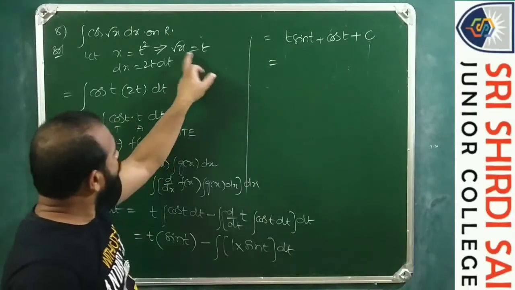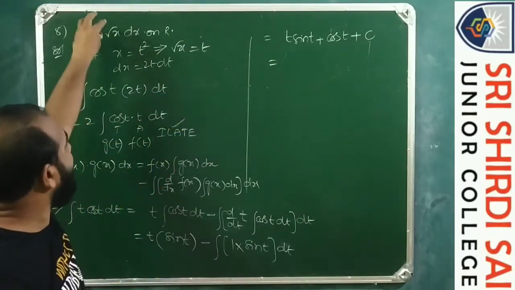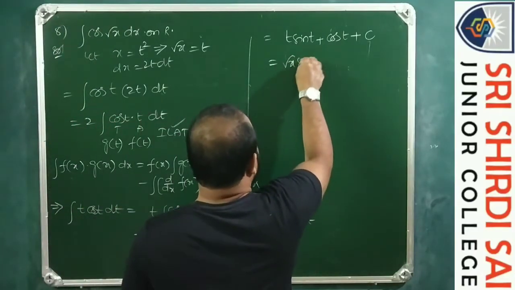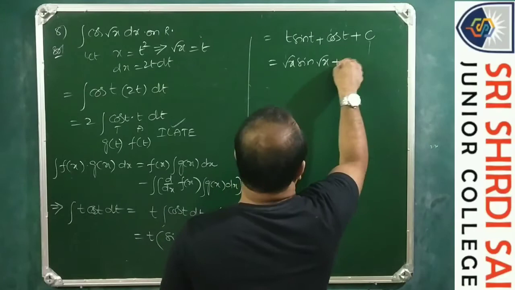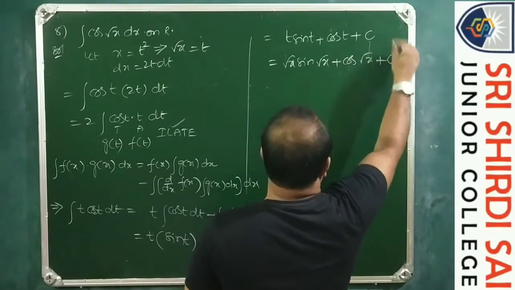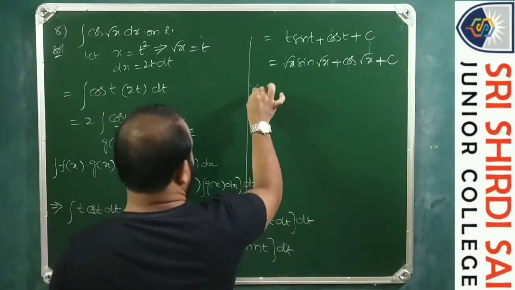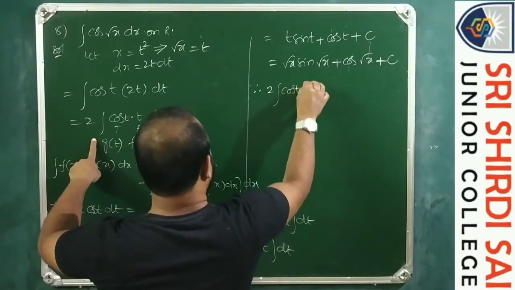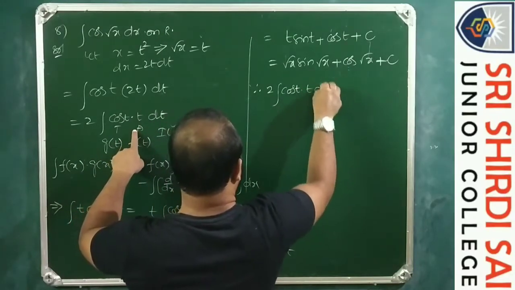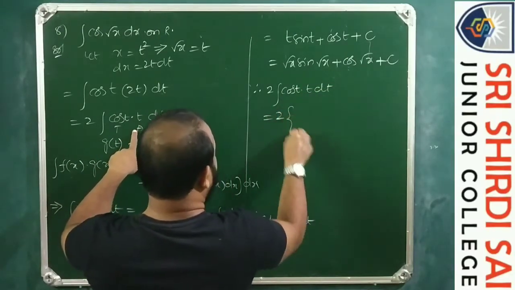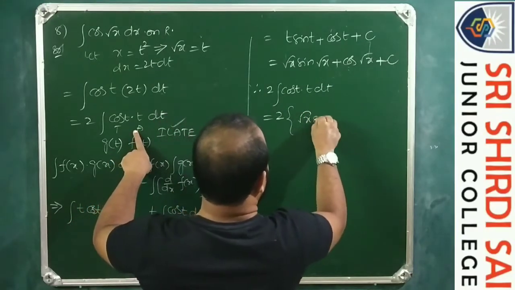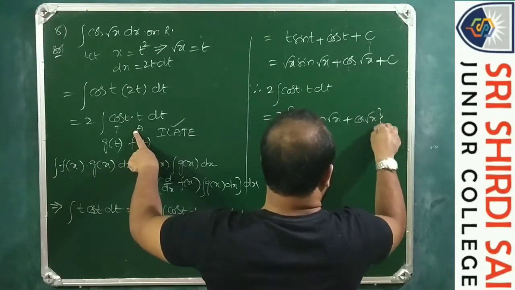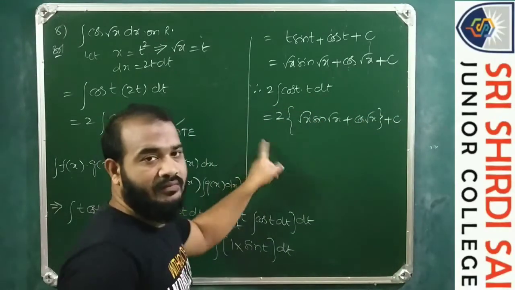So t is to be replaced as root x since the given integral is in terms of x. So 2 into root x into sin root x plus cos root x plus constant of integration c.